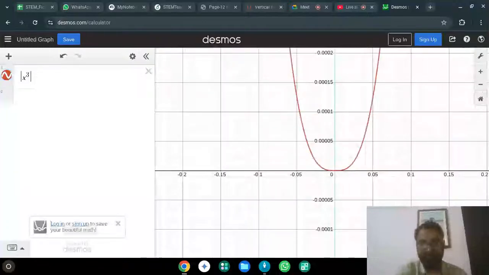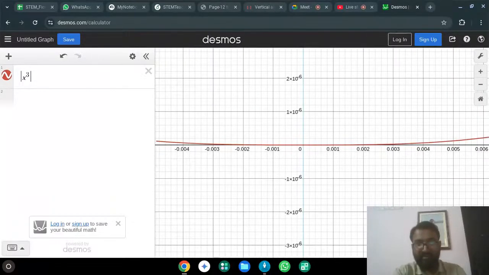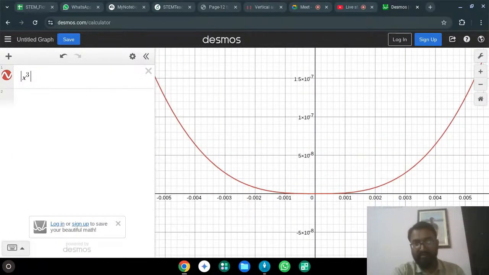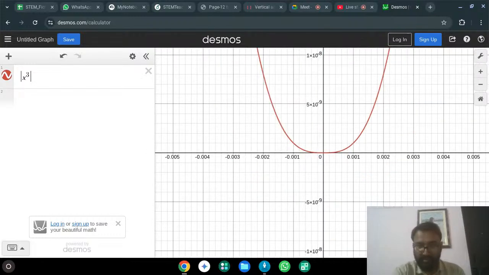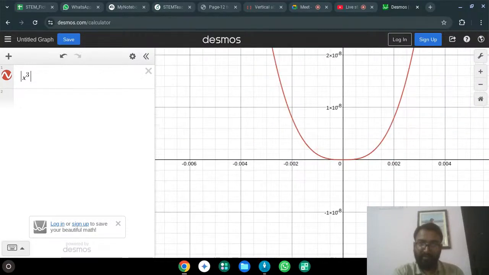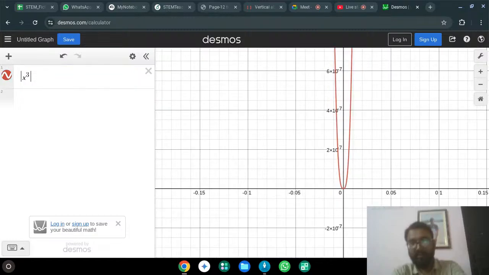Mod x cube. Can you see? I'm zooming, zooming, zooming. How the numbers are going: minus 10 power 8, 10 power minus 8, 10 power 9, and so on. We are very, very near to the graph. It's zero.